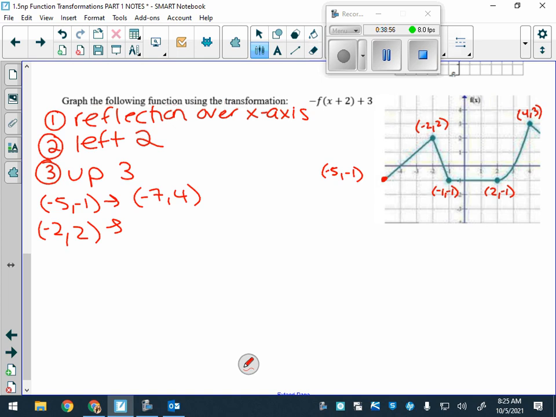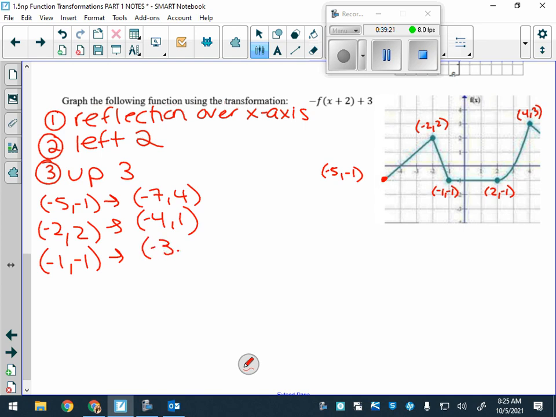Porter? Yep. -4, 1. Good. -1, 1. -1, -1 will be what? Yeah.